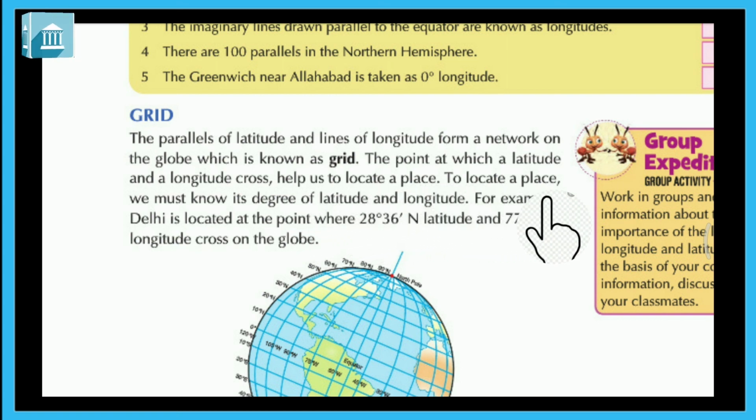To locate a place, we must know its degree of latitude and longitude. For example, Delhi is located at the point where 28 degree 36-minute north latitude and 77 degree 12-minute east longitude cross on the globe.